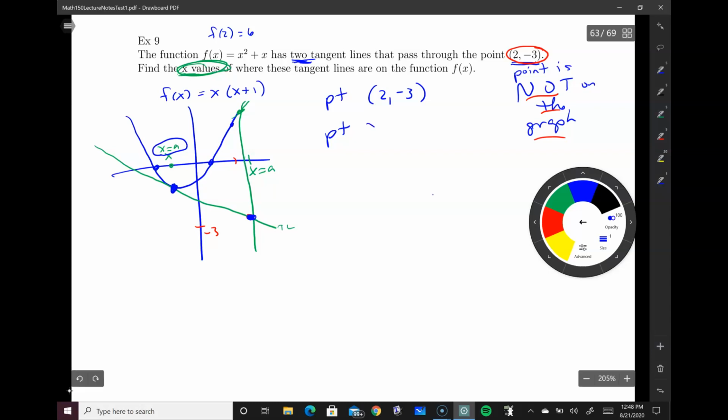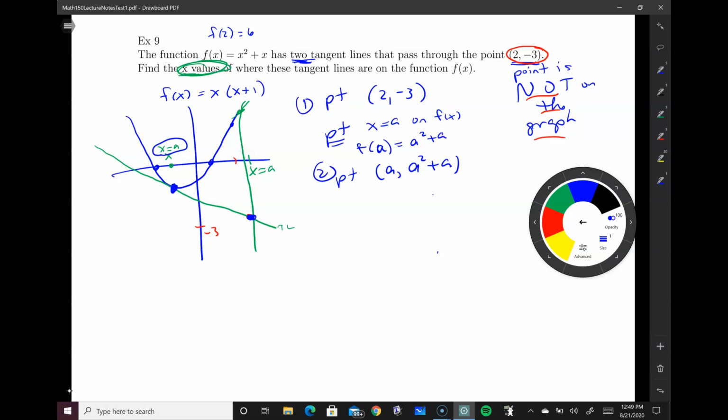So because x equal a is on f of x, I can find f of a, which is just putting a into the function, a squared plus a. So my other point is a comma a squared plus a. So one point, second point, with a's in there.